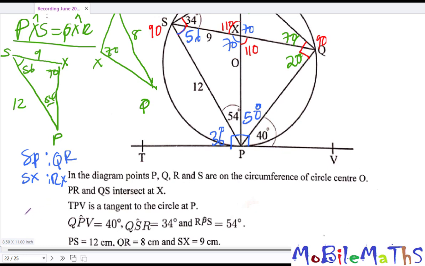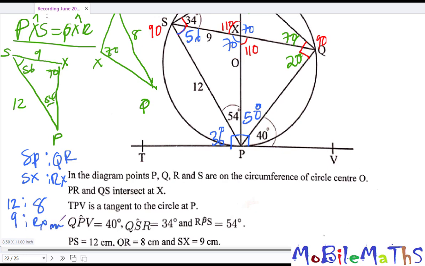Using that information, I can say the values for SP, that's 12, is to 8, this is 8 centimeters here, then SX, that's 9, is to RX.